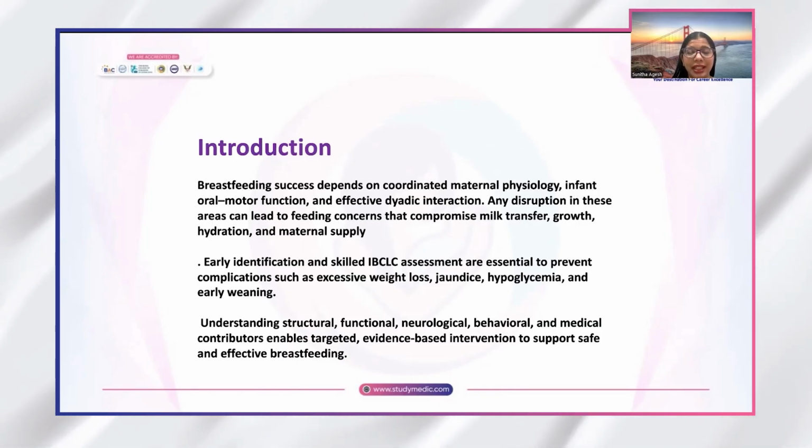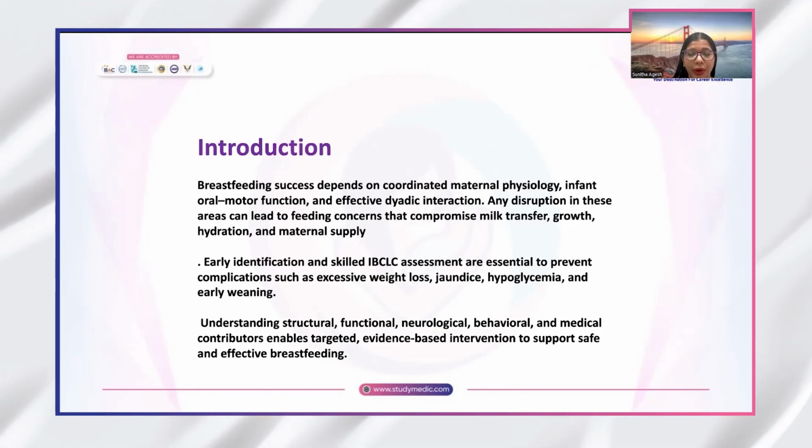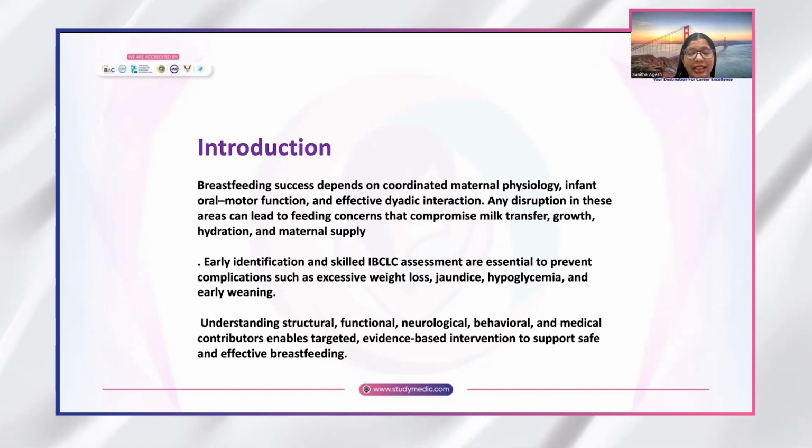A skilled IBCLC should assess whether the baby has any neurological, behavioral, or anatomical functional variability, and at the same time assess the maternal factors also. If we identify everything early, we can prevent complications such as excessive weight loss, jaundice, hypoglycemia, and early weaning.